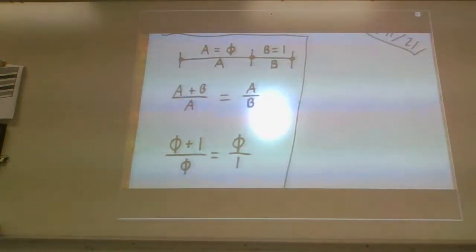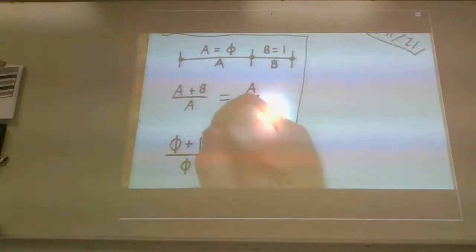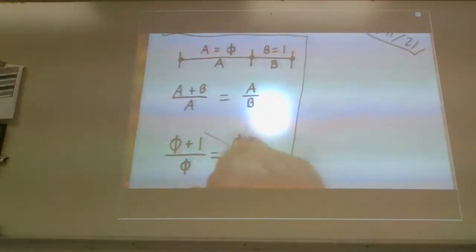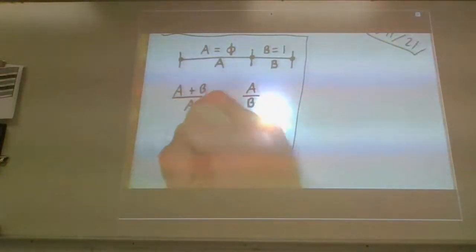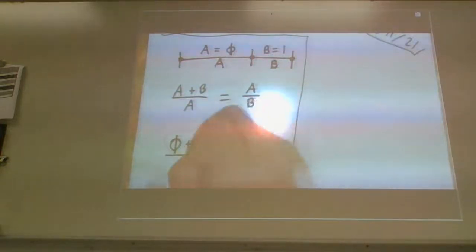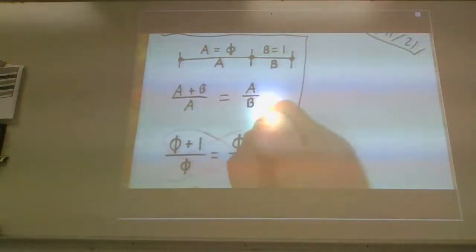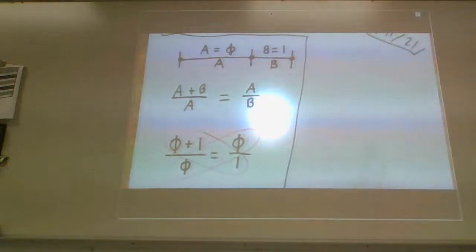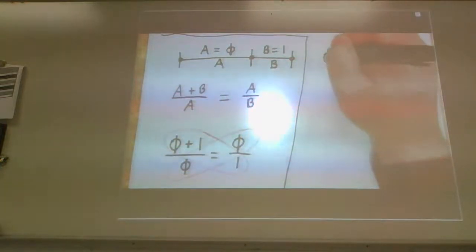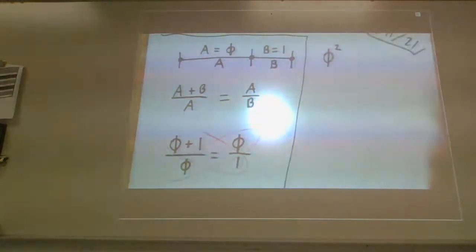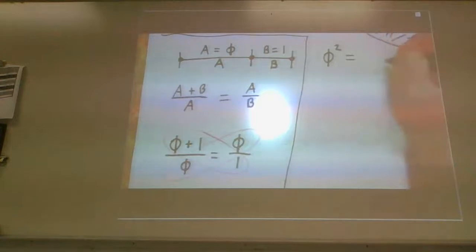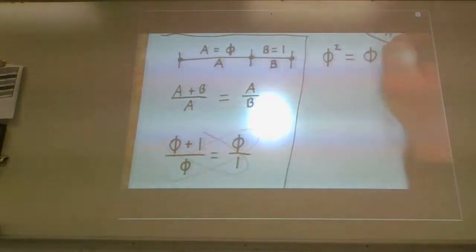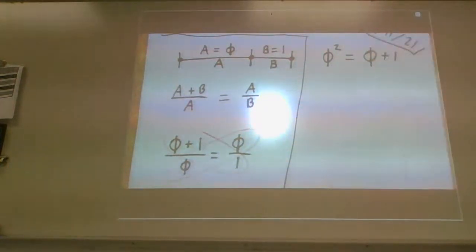I'm going to do a little butterfly method. Some people call it the butterfly, but I'm going to cross multiply. I am going to cross multiply on these two fractions because I'm going to attempt to solve for phi. On the one side, I'm going to get phi times phi, which is phi squared. And on the other side, I'm going to get phi plus 1 because it would be multiplied by 1.